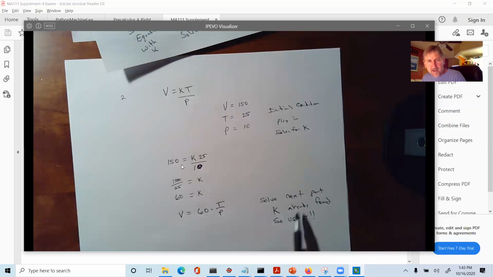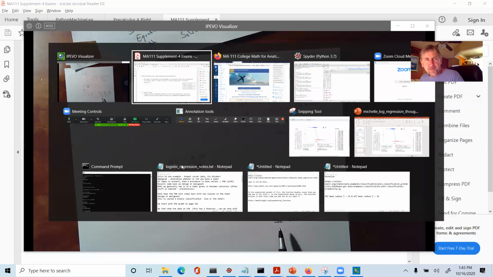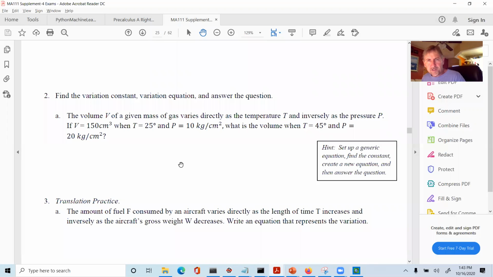K has already been found, so use it. And what was the next part again? The next part is temperature equals 45, and the pressure equals 20, and they want to know what is the volume.